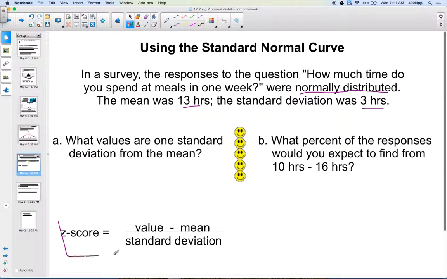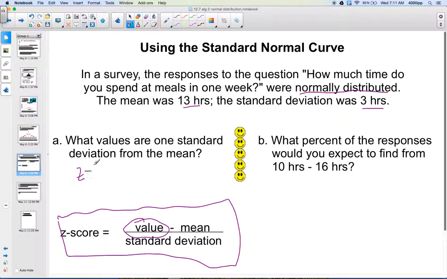We can use this formula here to find the values where the z-score is a positive 1, because that would be 1 standard deviation above the mean, and a z-score of -1 would be 1 standard deviation below the mean.